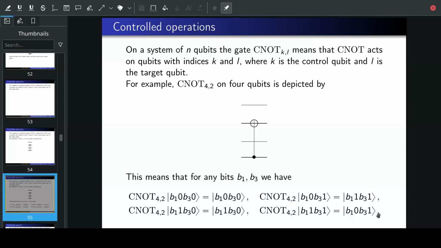So this becomes this standard basis vector. So this operation actually permutes the vectors of the standard basis. And since there are 4 qubits, the matrix will be of size 16 by 16.